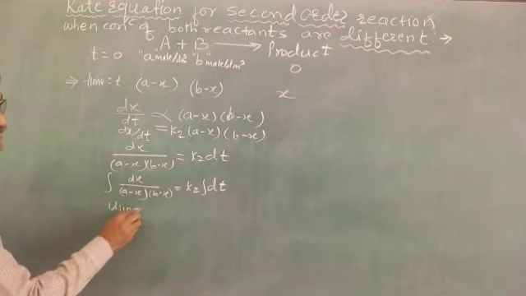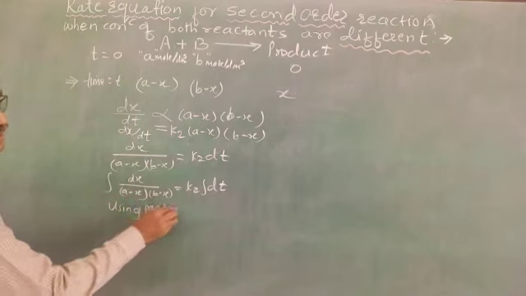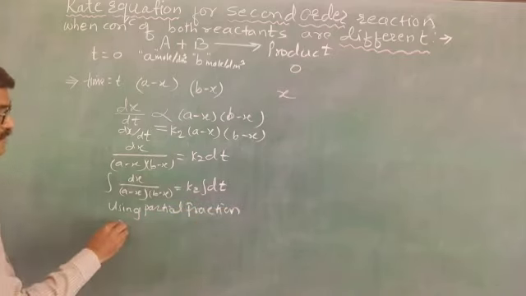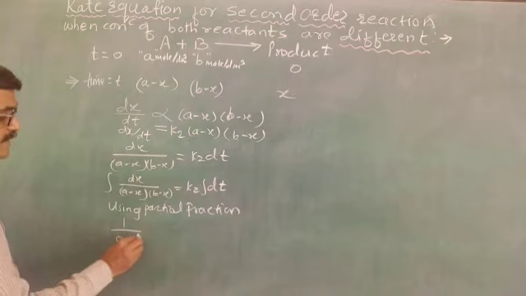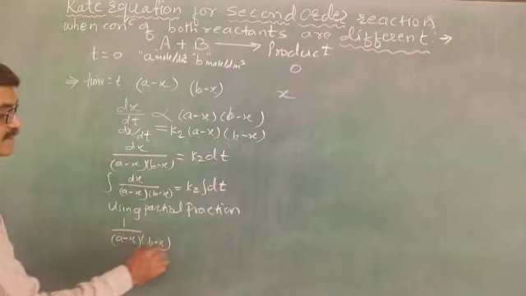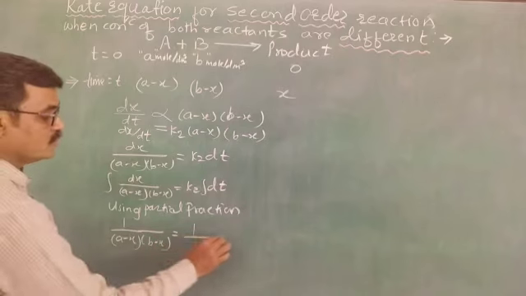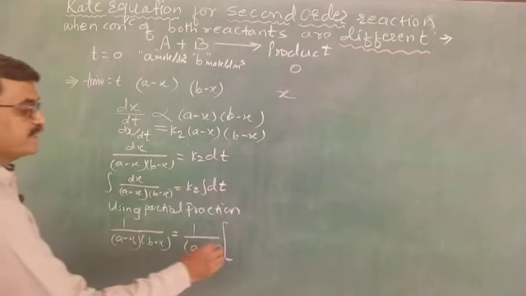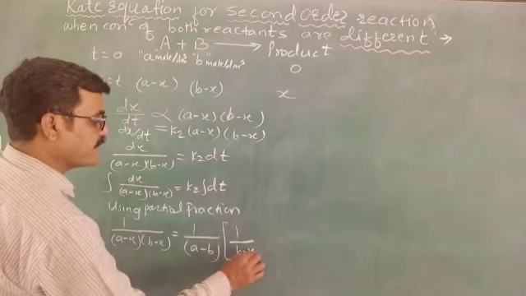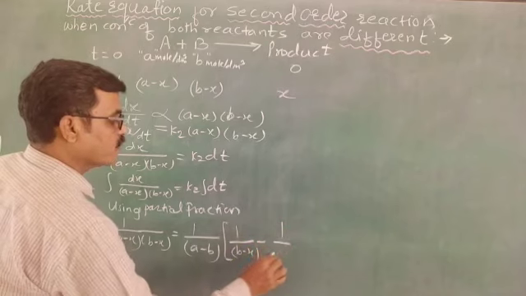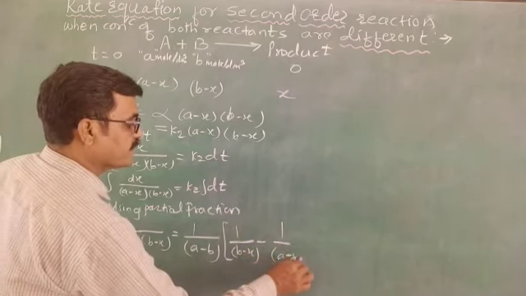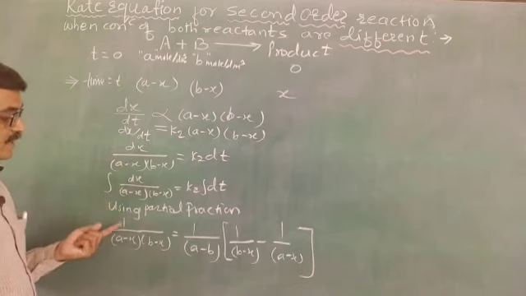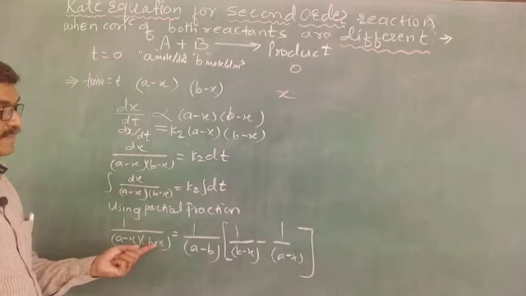Using partial fractions, 1 upon (a minus x)(b minus x) will be equal to 1 upon (a minus b) into [1 upon (b minus x) minus 1 upon (a minus x)]. This is mathematics; by using partial fractions, this is the value of 1 upon (a minus x)(b minus x).